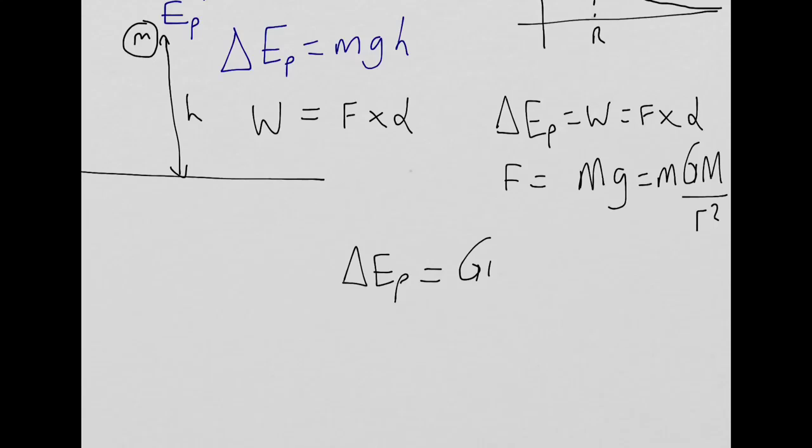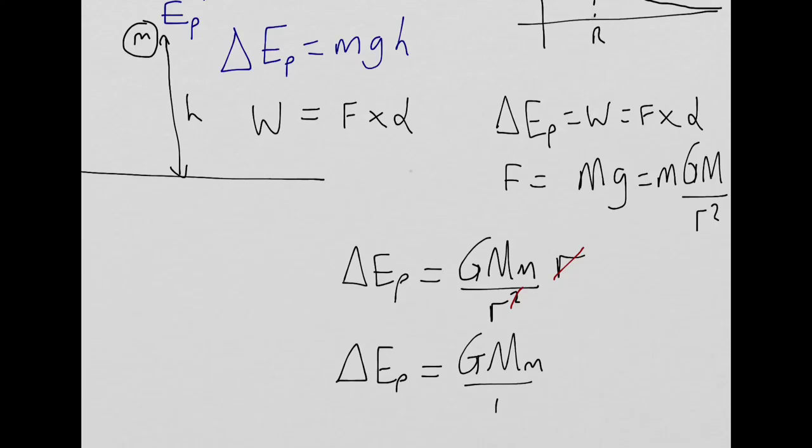So we end up with G big M little m over r squared, okay, times the distance, which is r. And some of you eagle-eyed have probably spotted it. We can cancel them out, and we therefore find that the change in gravitational potential energy, or a new equation that works no matter how far away from the planet we get, is G M m over R.